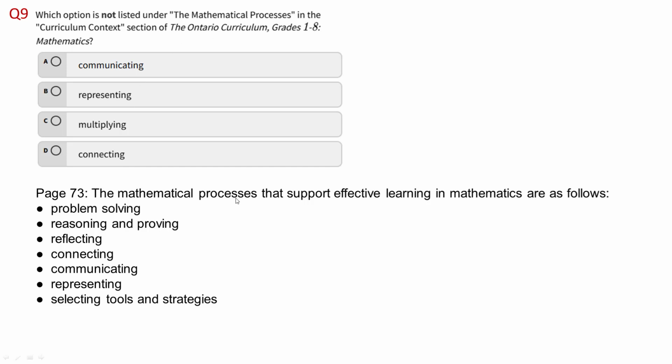So these are the mathematical processes in all the math documents: problem solving, reasoning and proving, reflecting, connecting, communicating, representing, selecting tools and strategies. So the first A, B, and D are the ones that are listed, but multiplying is not one of them.